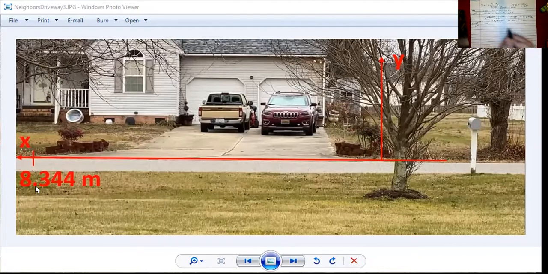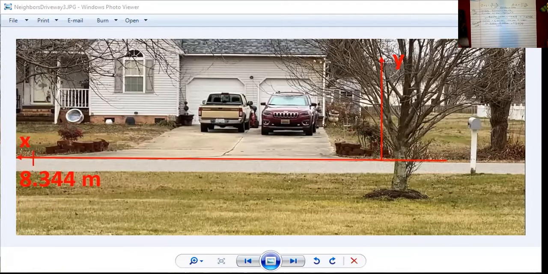So with this equation, he's now going to say 0.00 meters minus 8.344 meters divided by 1.05 seconds, which gives me a negative 7.95 meters per second. So we see that in his coordinate system, to the right is positive, and that's our left. And the vehicle definitely went to our right, so he should agree that that's a negative direction, and that's exactly what the sign came up with.